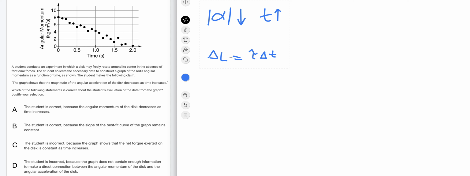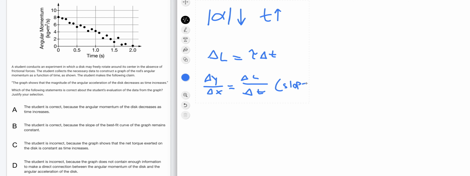If we look at this graph though, what is our slope giving us? We know the slope is delta y over delta x. That's the formula for a slope. On our y-axis, our delta y is going to be angular momentum, also known as delta L. And on our x-axis, we have time, delta t. So that's going to be our slope.